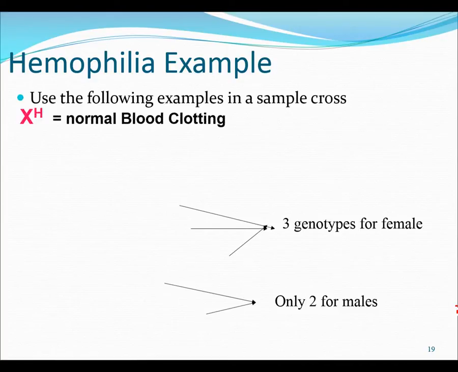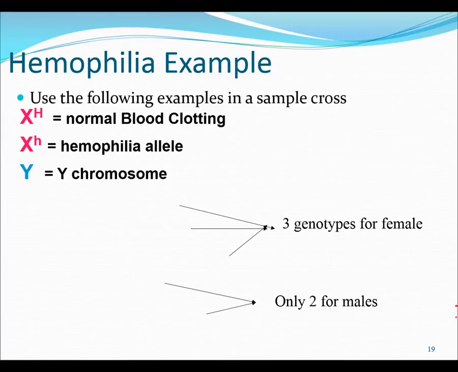All right, so X superscript capital H, that's going to lead to normal blood clotting. X superscript lowercase h, that's going to be the hemophilia. And then we will have a Y. And that's going to lead to someone being a male, so the Y chromosome.